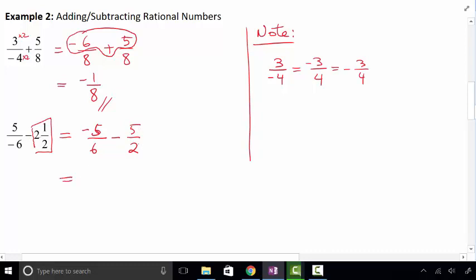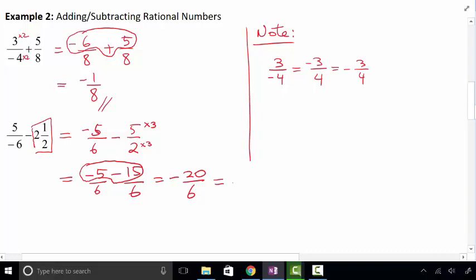Now let's have, again, the same common denominators. So multiply this by 3, multiply this one by 3 to get negative 5 minus 15 over 6 over 6. Again, if you look at what we have to subtract or add, it is this up here, which is negative 5 minus 15, which actually gives you negative 20 over 6.